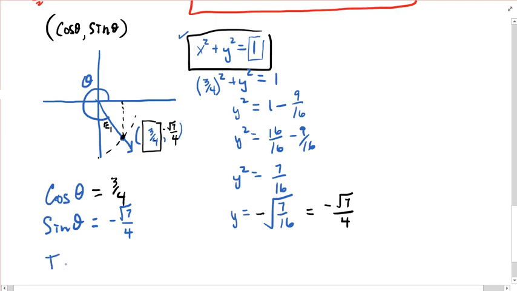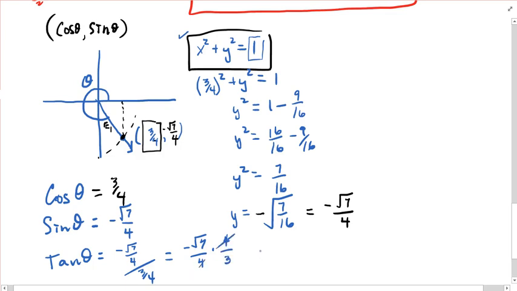And what about finally tan of theta? Can I find tan of theta? Well, what you want to remember is that tan of theta is sine theta divided by cos theta. So I'm going to go negative root 7 over 4 divided by 3 over 4. That's sine divided by cos, which is, I can flip and multiply this now.